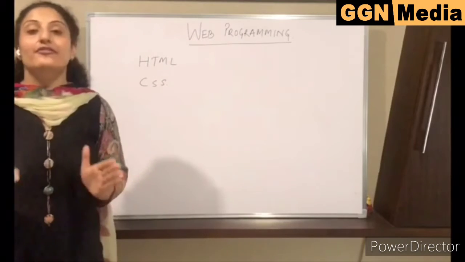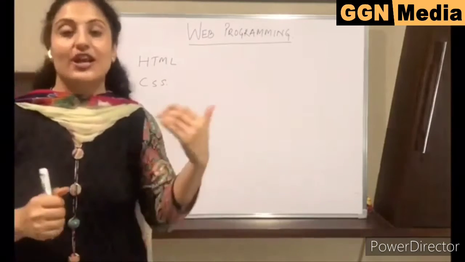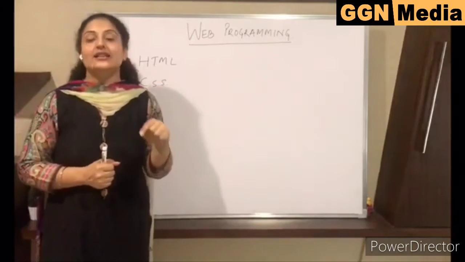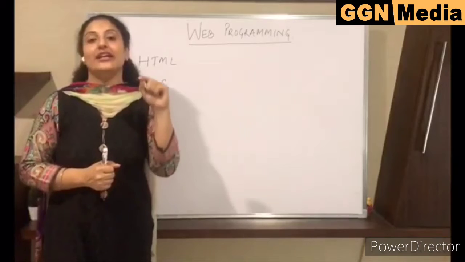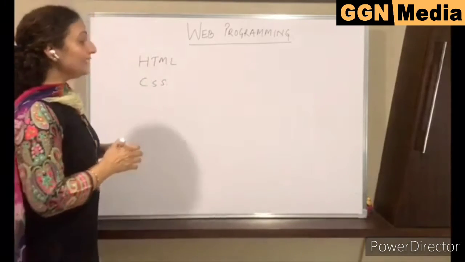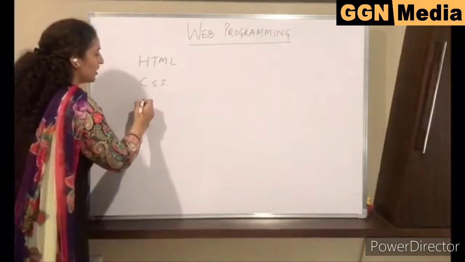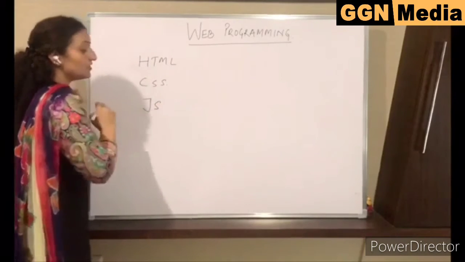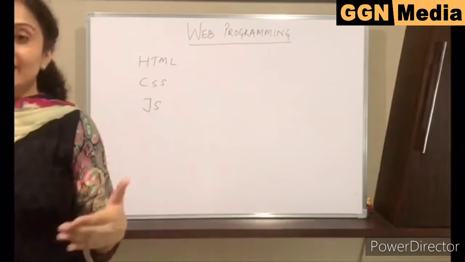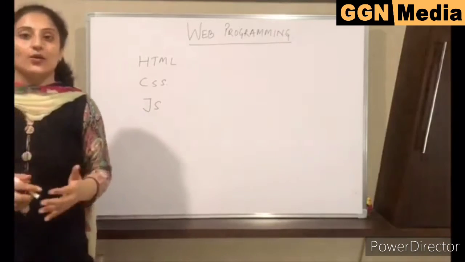Now you have a web page which is very much attractive and colorful, but still there is no interactivity in this web page. So in order to add interactivity to your web page, you need to use JavaScript. JavaScript is, you can say, a scripting language.